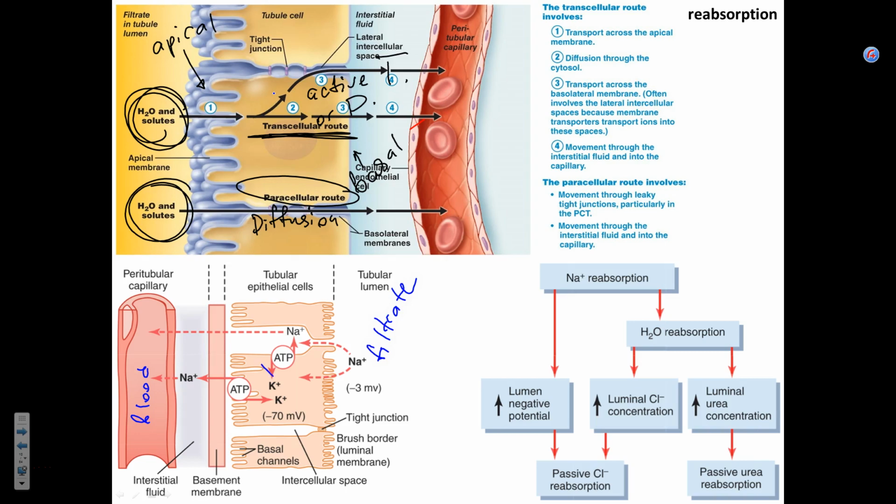Look what is present at the basal membrane of the tubular cells. It's a sodium-potassium pump. Is that understood? So it pumps sodium out of the cell, right? Remember, ATP is involved, okay? It pumps the sodium out of the cell.